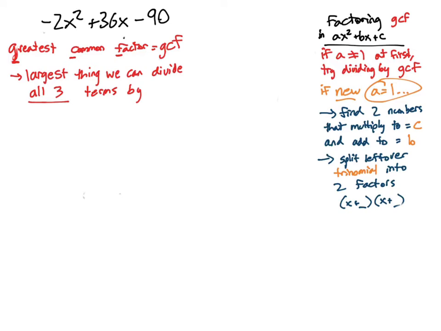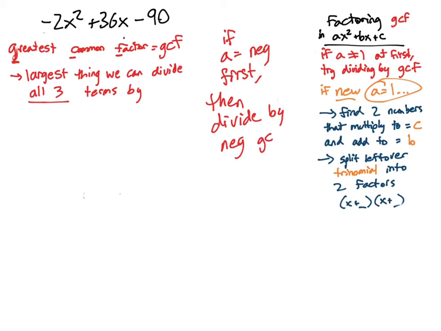And one of the things that we'll see in this example is that if our leading coefficient is a negative value at first, then we want to divide by a negative greatest common factor so that we can get back to a situation where a is a positive number and hopefully get a to equal positive 1.